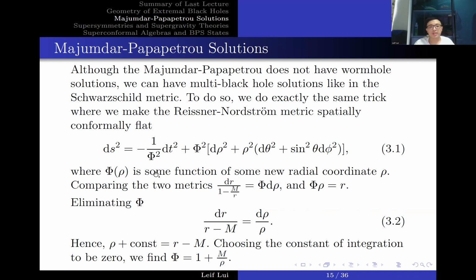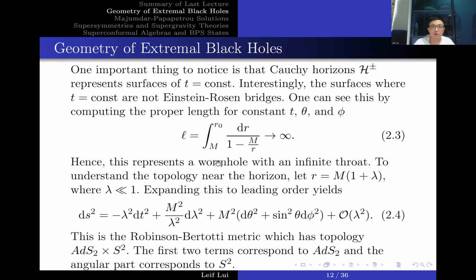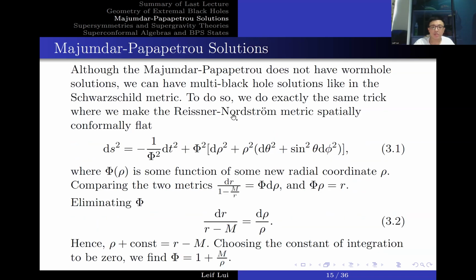To do so, we just write it in the following form, where this form is the flat spatial metric in spherical coordinates. And by writing this as a function of rho, by comparing this metric to that one, we get these two equations.